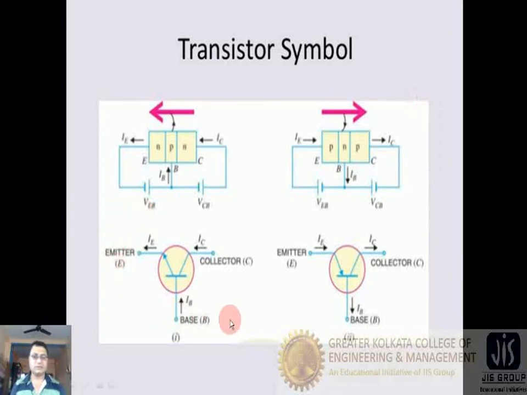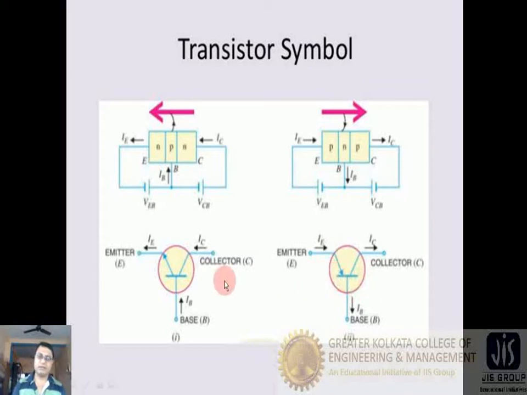Here we can see a schematic representation of an NPN transistor and a PNP transistor. In the NPN transistor, the arrow points outward from the base, and for the PNP transistor the arrow points inward towards the base of the transistor.